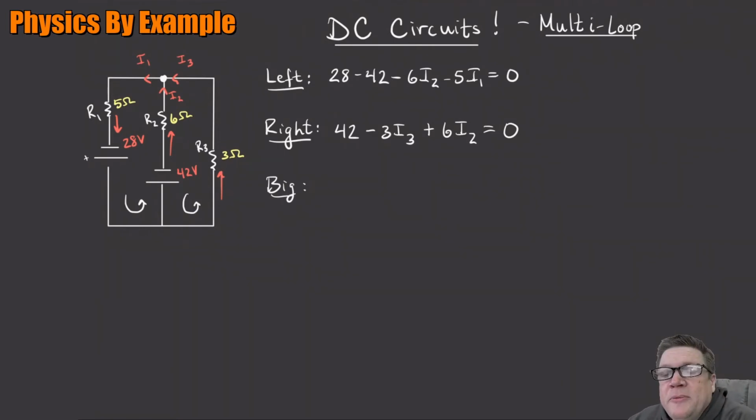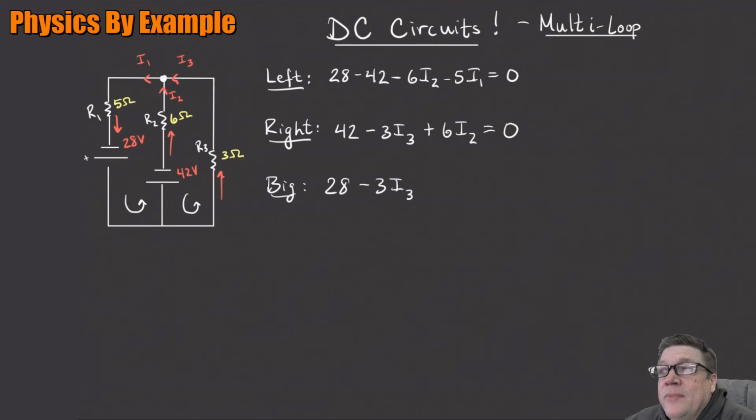For the big loop, let's start over at the 28 volt battery. So now let's kind of do it in our heads. I get a plus 28 because I'm going forward across the battery. And then I go over to R3, so that's just going to be minus 3 I3, because I'm going in the direction of the current.